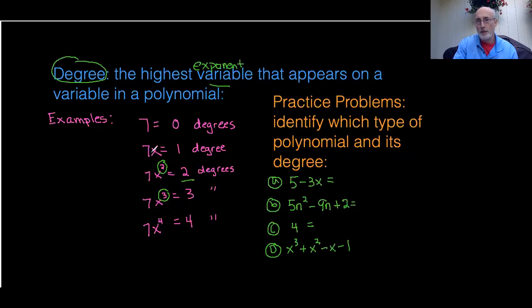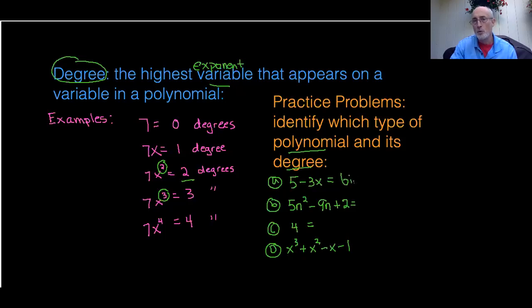So I got some practice problems for you. Identify which type of polynomial it is for each of these and its degree, okay? So in letter A here, I've got 5x minus 5 minus 3x. What type of polynomial is it? Monomial, binomial, or trinomial? It's a binomial.